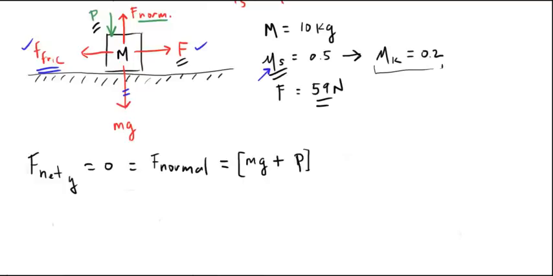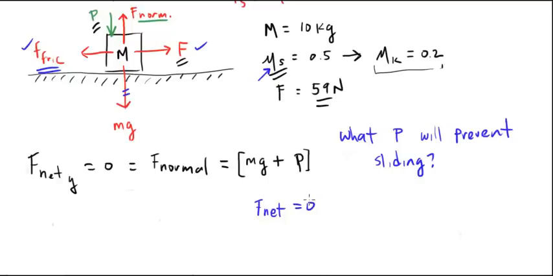So what P value will prevent sliding? We said that without pushing on the block down, without this P, the block will slide. But how hard could we push such that it doesn't slide? All right, well that means what we're looking for here is F net 0.